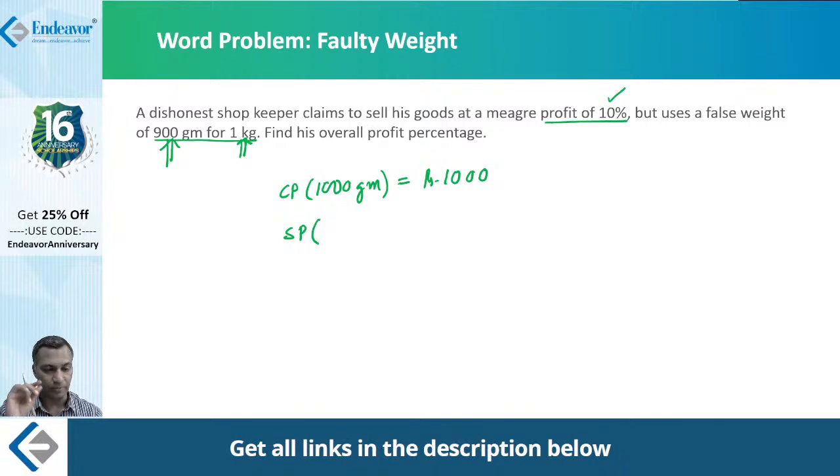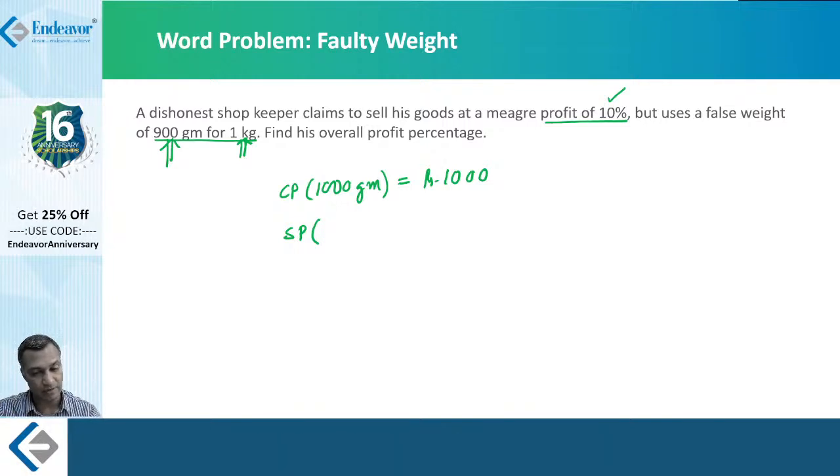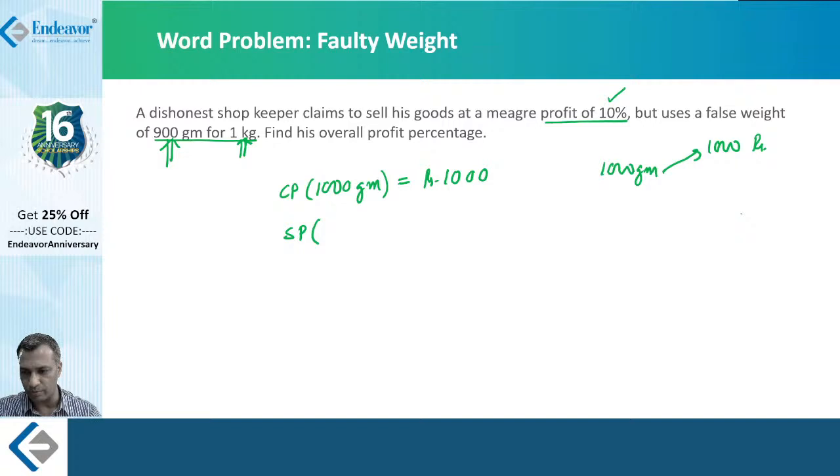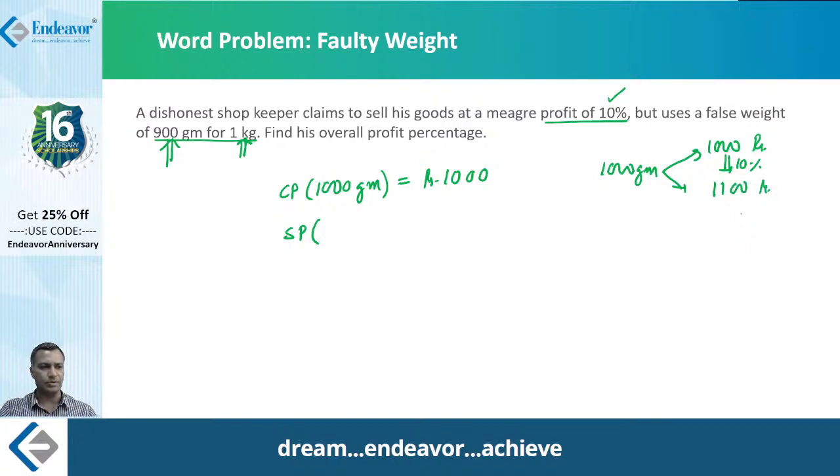From the customer's perspective, he is paying for 1000 grams. Customer is thinking that this fellow is giving me 1000 grams, which he bought at 1000 rupees. For me, he is charging 10% profit on this, which means for me he is charging 1100 rupees. He's fine with it. 10% profit is fine, because the shopkeeper also has to survive.